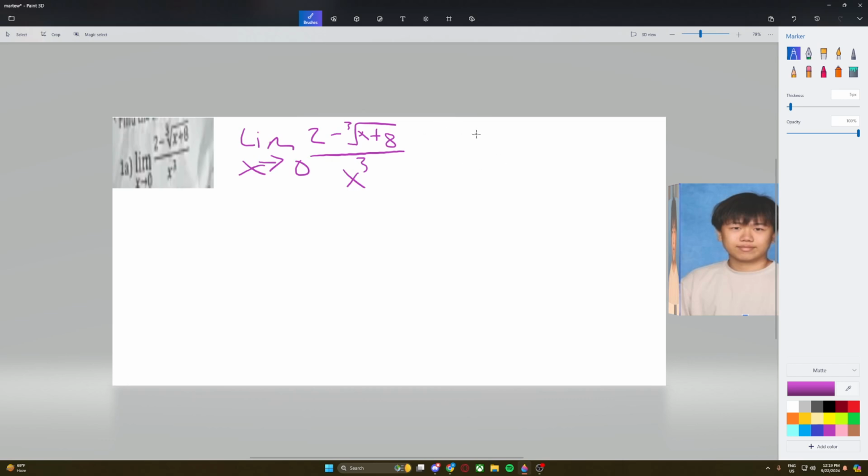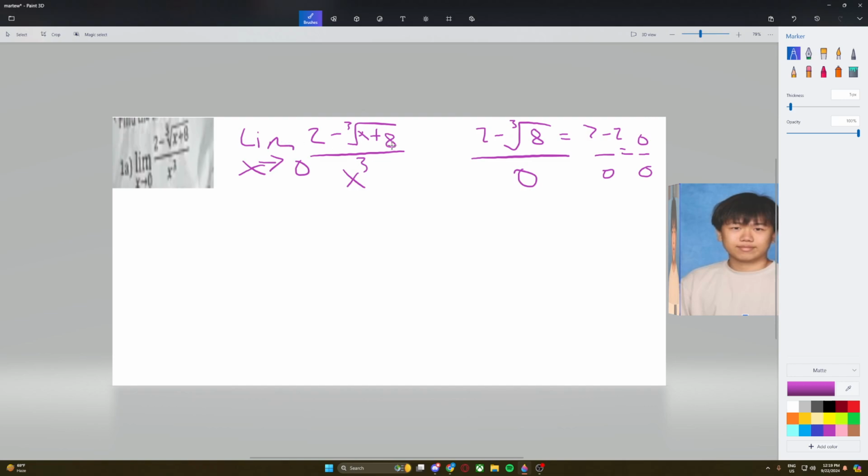Okay, so first plug in 0 for these values. So we do 2 minus cube root of 0 plus 8, which is 8, over 0 cubed, which is 0, and 8 cube root is just 2, so it's equal to 2 minus 2 over 0, which is equal to 0 over 0.